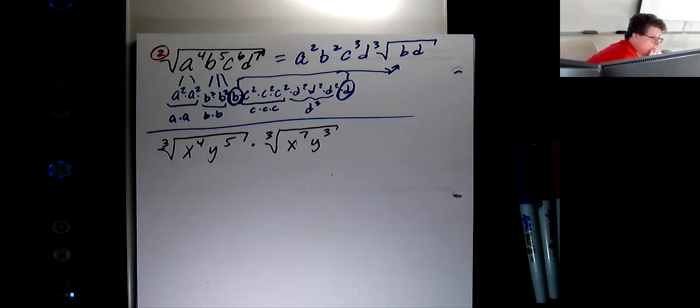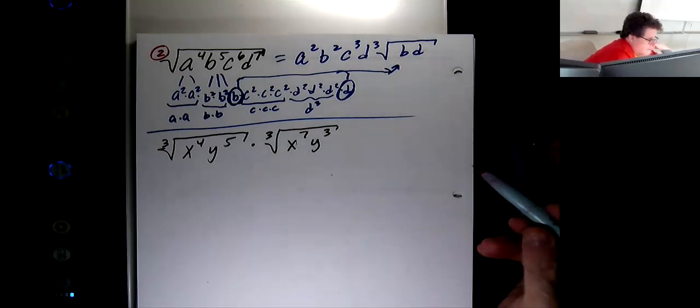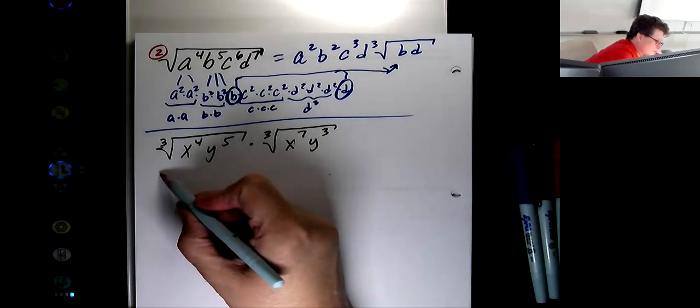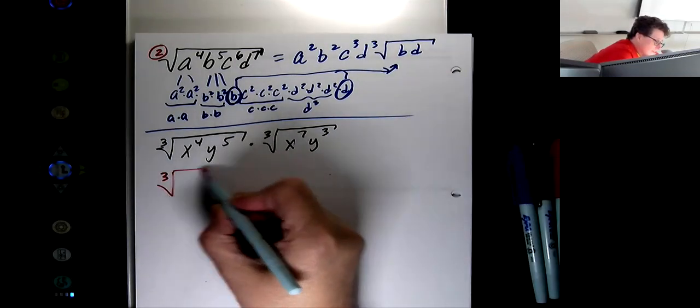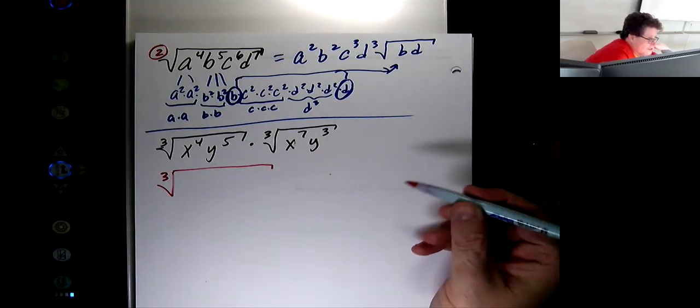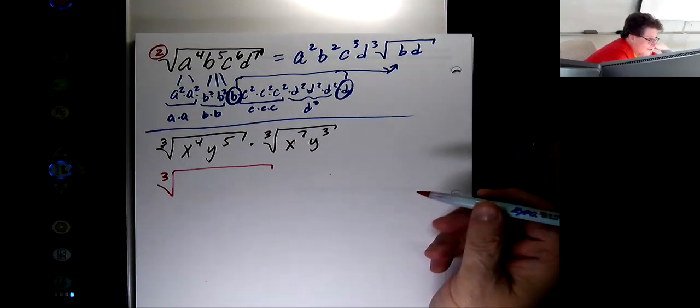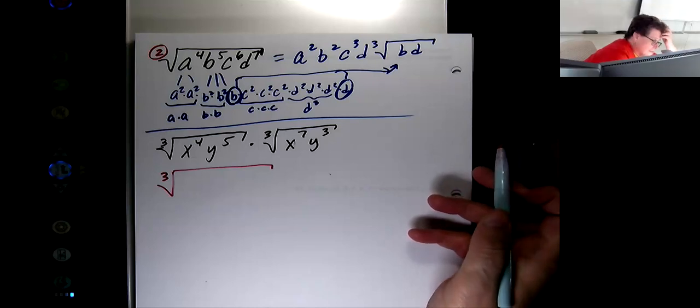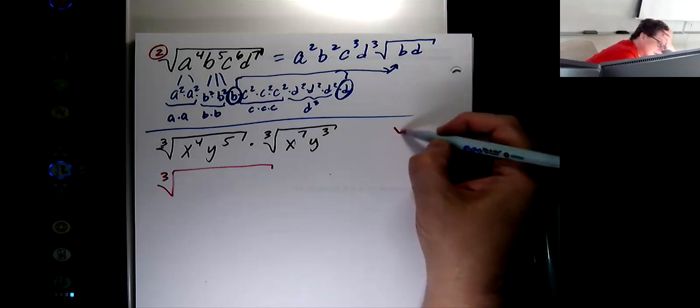Is everyone done? Or as far as you can go? Alright, what do I do here? Can you combine them inside? You can. In fact, that's a very helpful strategy to start with. How do I combine them inside that? So you multiply the x to the fourth with the x to the seventh.